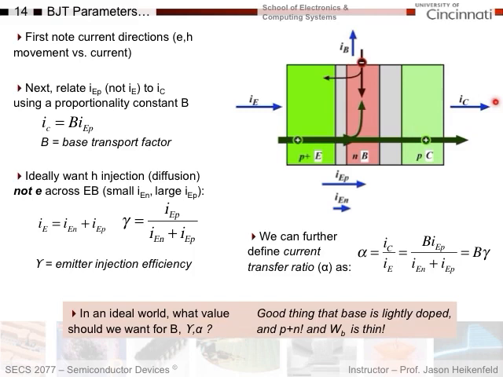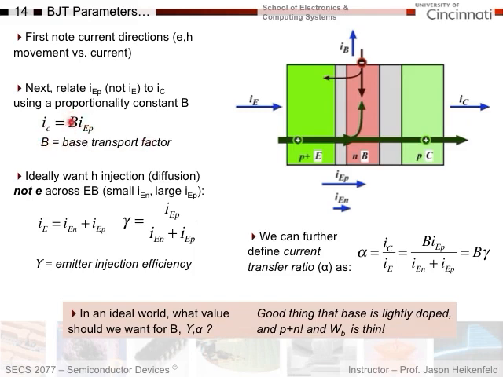There's my collector current. So what I want to do next is relate IEP, the holes that are injected across here, to collector current. And I'm going to relate them using a proportionality constant, B, this is not beta, this is B, called the base transport factor. Basically what this says is how many holes do I get out to the collector compared to how many holes I started with at the emitter. How efficiently do they transport across the base?